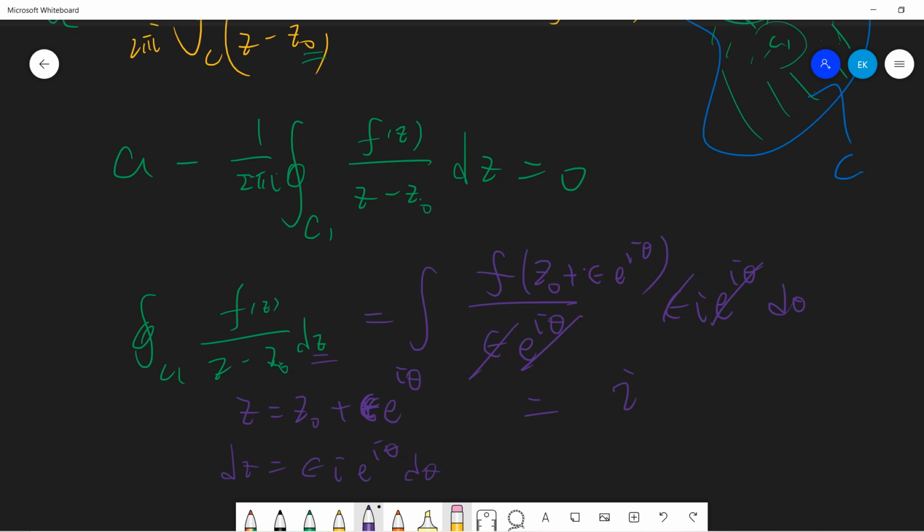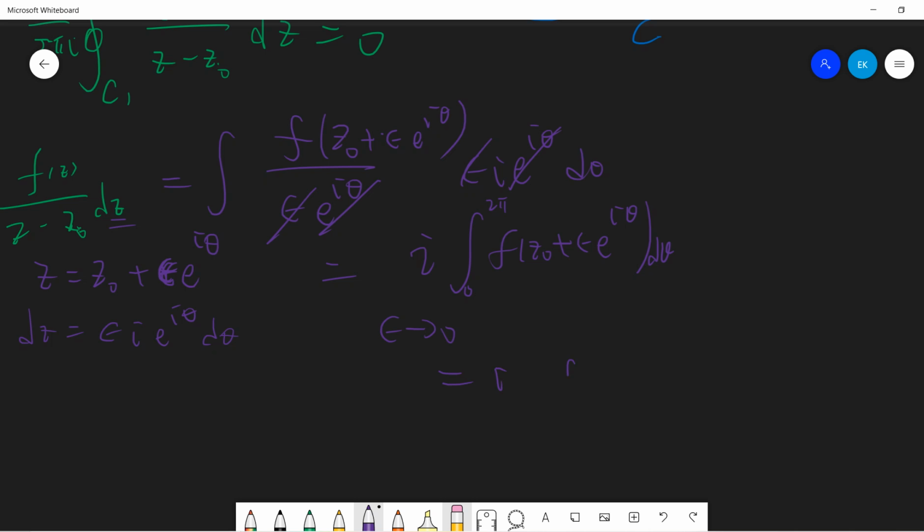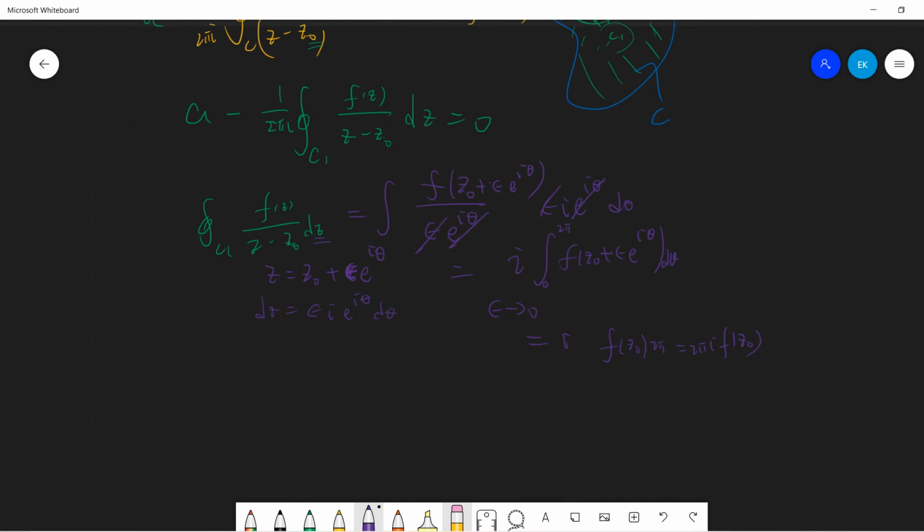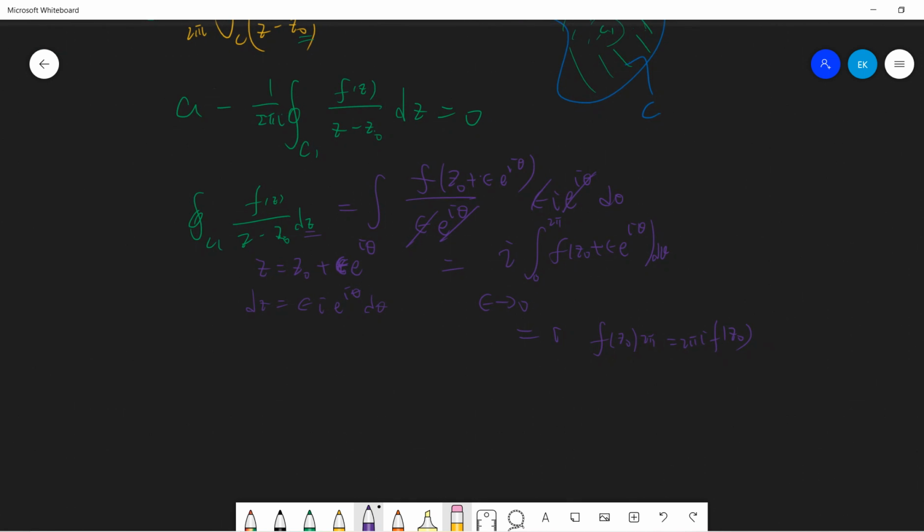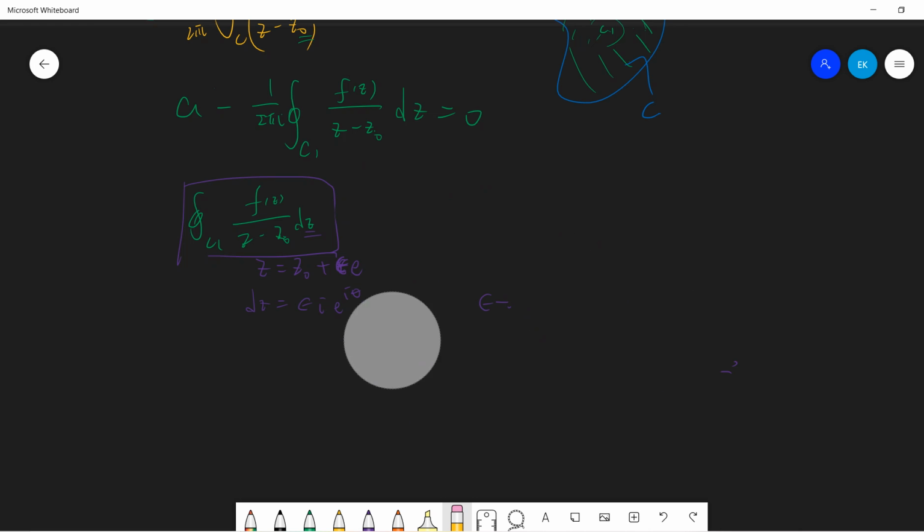Then you get i f(z0 plus epsilon e^{iθ}) dθ, along θ from 0 to 2π, and you can take epsilon to be 0. So this term will be i f of z0 times 2π, so it's 2π i f of z0. Nice. So this integral is basically 2π i f of z0.